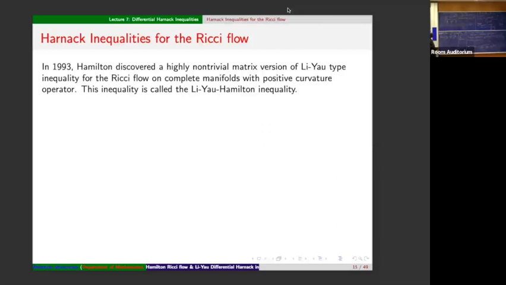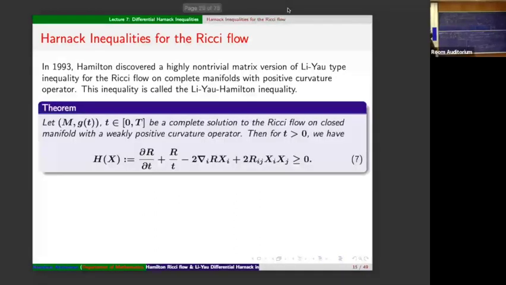Hamilton discovered a highly non-trivial matrix version of Li-Yau type inequality for the Ricci flow on a complete manifold with positive curvature operator. This inequality is called the Li-Yau Hamilton inequality, and the theorem is this. Let g(t) be a complete solution to the Ricci flow on a closed manifold with a weakly positive curvature operator.